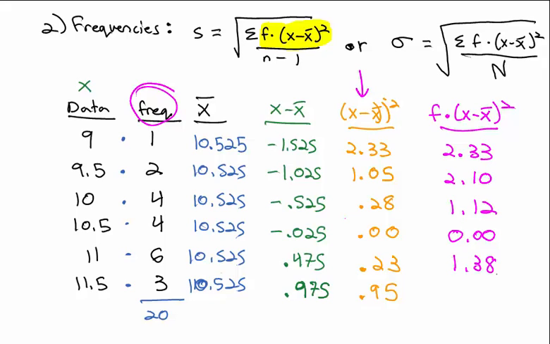And 3 times 0.95 is 2.85. And the next part of the formula tells us to find the sum of all of that. We're going to add all of that together: 2.33 plus 2.10 plus 1.12 plus 0 plus 1.38 plus 2.85. And that gives us 9.78.